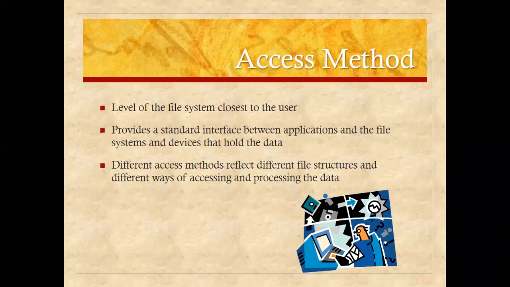But this is also dependent upon how you are storing your data in the system. That means the structure. Without having a particular fixed kind of file structure, you will not be able to search the data fast. Suppose I want to maintain a data with all my students in the class.